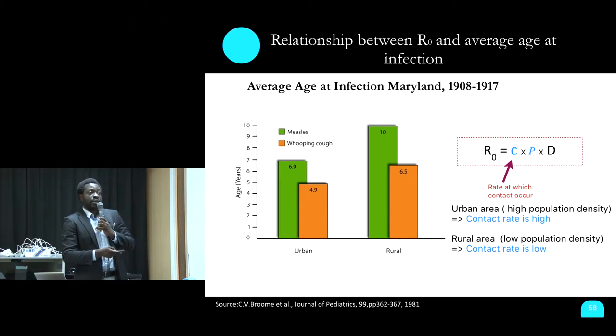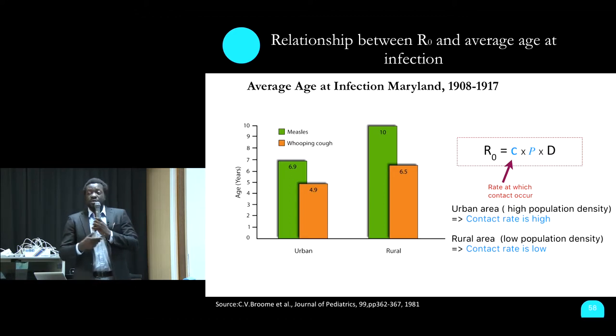Why? It's because we can come back to this formula here. Remember, we said that R naught is the rate at which people contact each other, the probability of transmission, the duration. So in an urban area, we have high population density. This means that people have high contact rates. In a rural area, we have low population density.